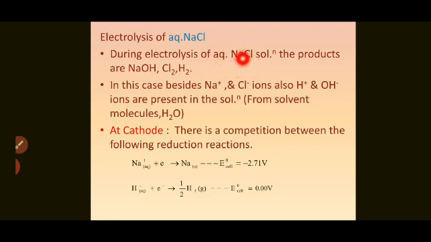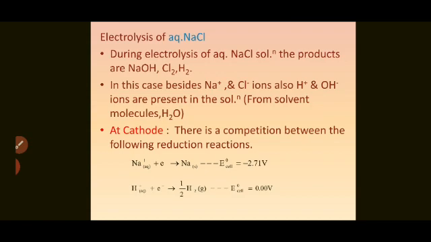Aqueous means which is dissolved in water, means along with NaCl, even water also ionizes as H plus and OH minus. So how many ions are produced in this? In this case, Na plus, Cl minus, also H plus and OH minus ions are formed in the solution, right? And H plus and OH minus ions are from solvent molecules, that is water, and Na plus and Cl minus are from NaCl.